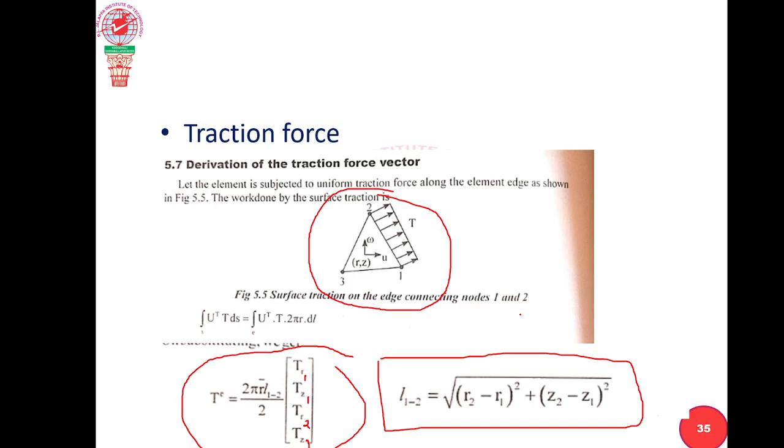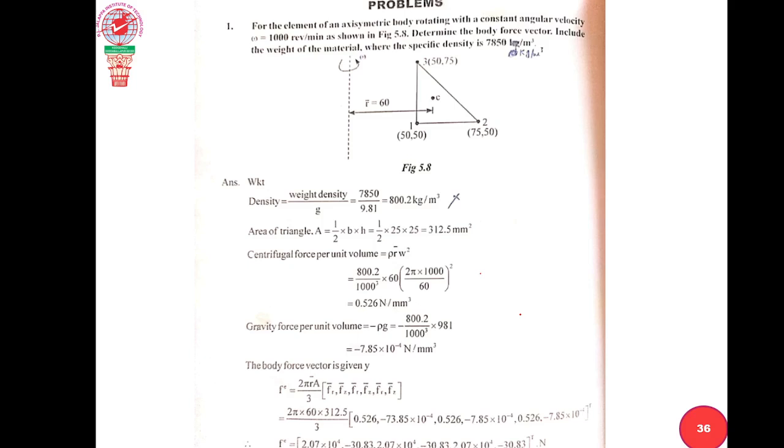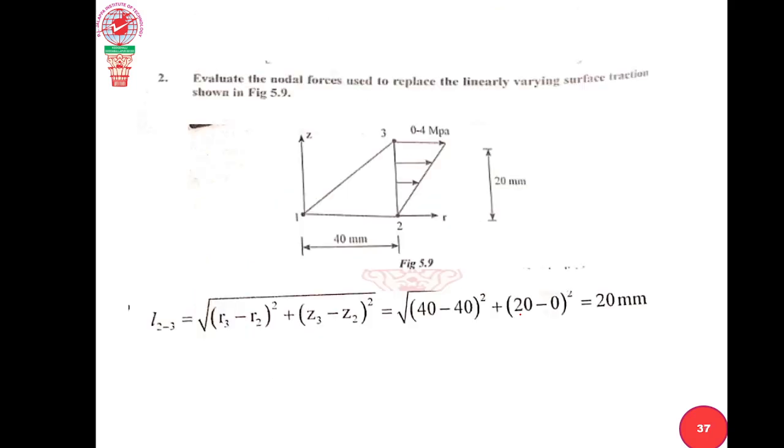T is equal to 2 pi R bar L by 2, TR1, TZ1, TR2, TZ2, where T is called traction force.